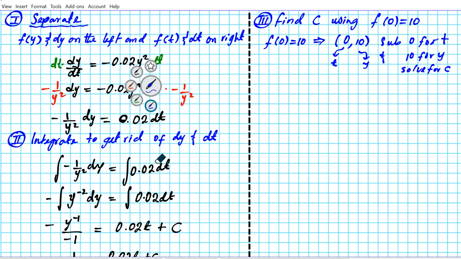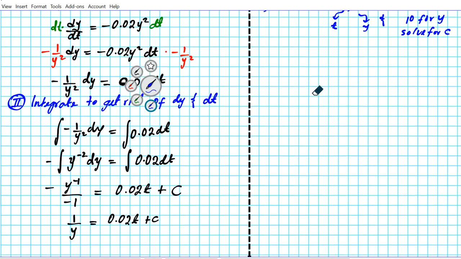Let's do it. So let me rewrite the implicit general solution. 1 over y equals 0.02 t plus c. So plug in 10 for y, and we're going to plug in 0 for t plus c. Okay.